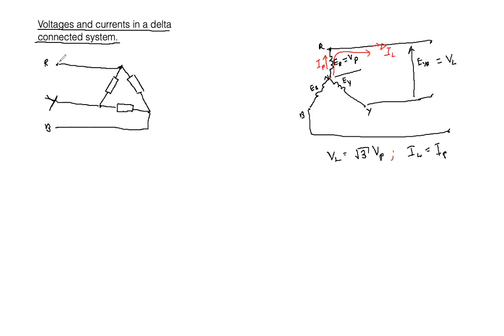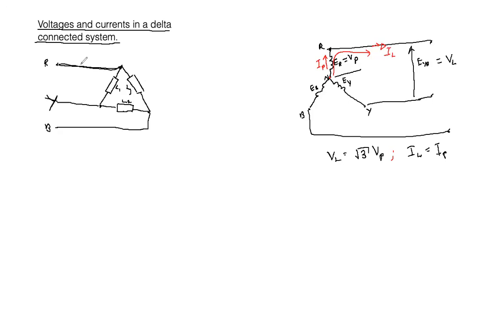Now here you're going to see something that is very interesting. Remember we said the currents flow in a circular way. Let me call this load 1, this load 2, and this is going to be load 3.